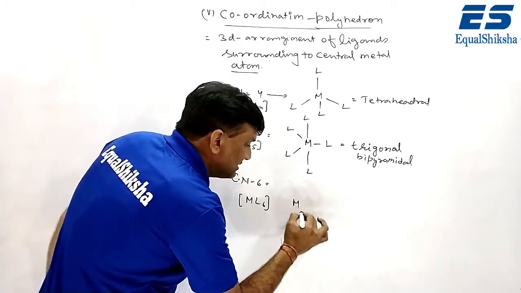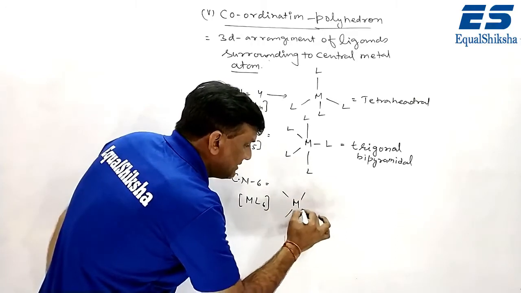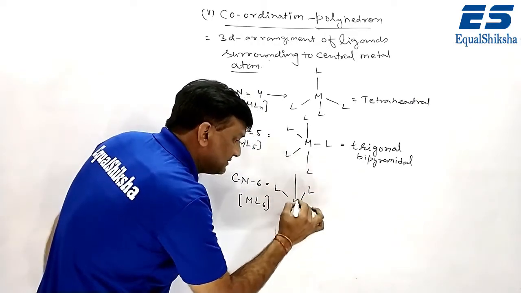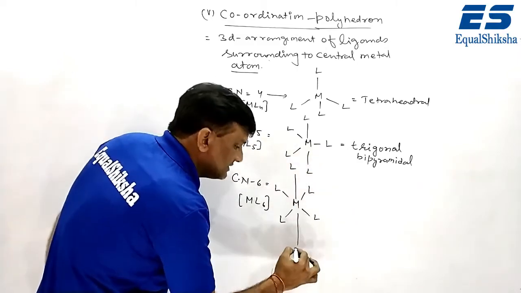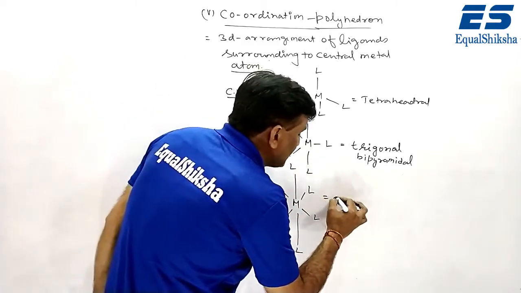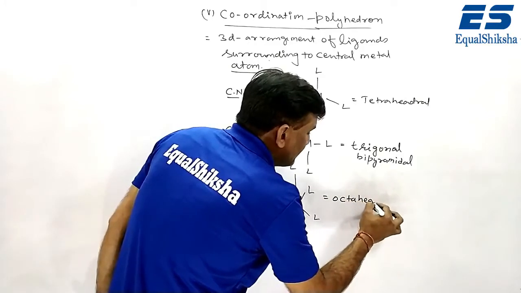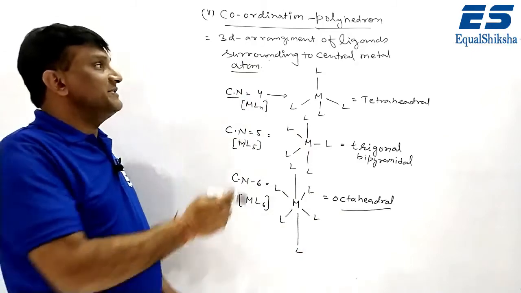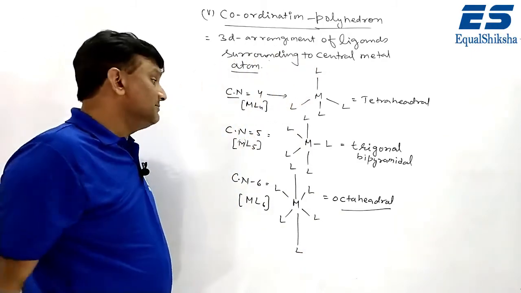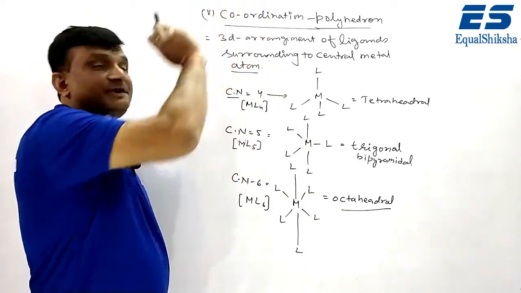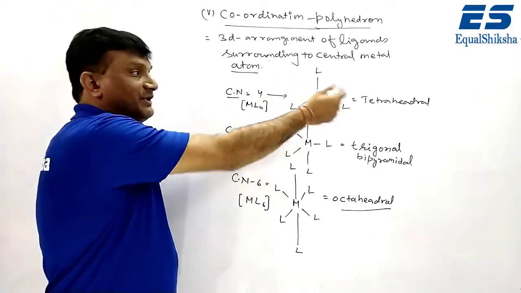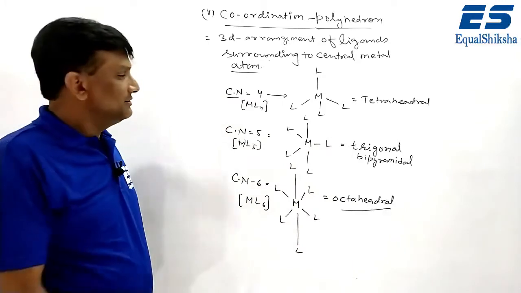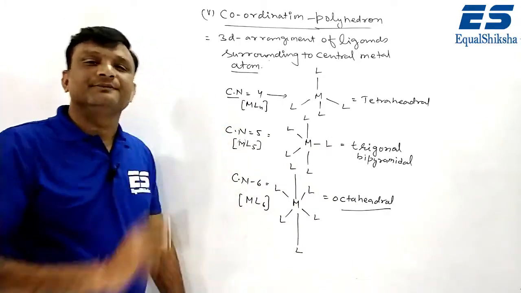Then its coordination polyhedron will be L, L, L, L, with L above the plane and below the plane. This will be an octahedral polyhedron. So the three-dimensional arrangement of ligands surrounding the central metal atom is called the coordination polyhedron. There may be tetrahedral, trigonal bipyramidal, or octahedral. Is that clear? Note it down.